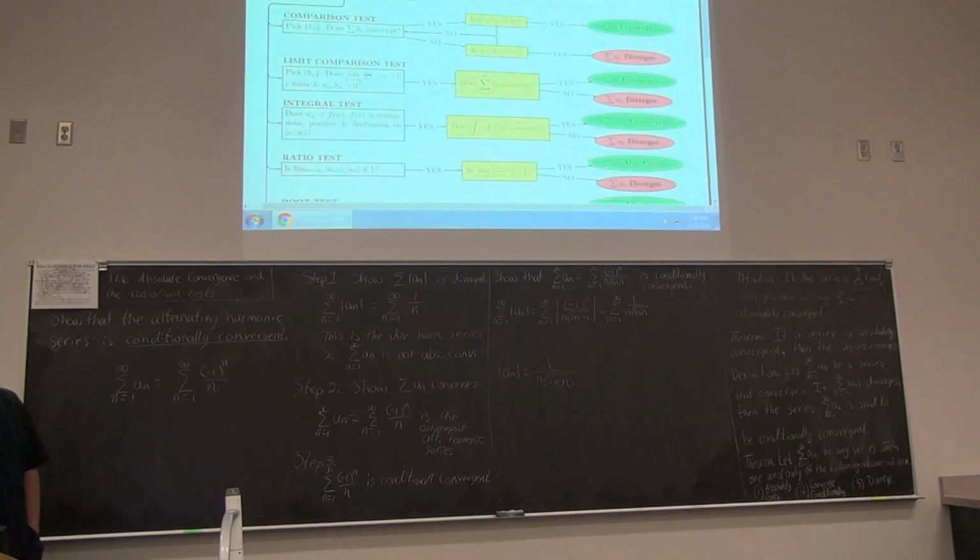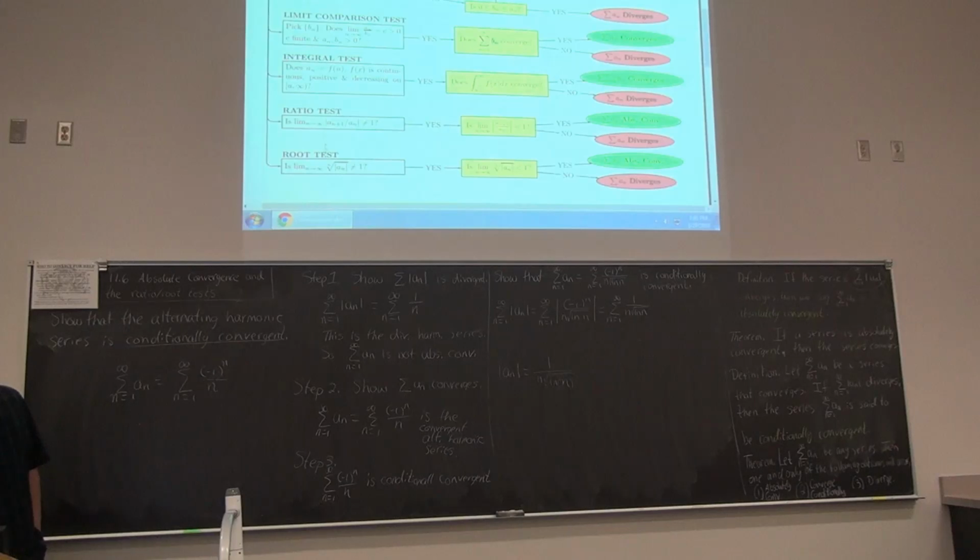In the comparison test, the trouble is we have to decide if it converges or diverges and make an estimate. And the estimates involving the root and the natural log could require a lot of ingenuity. I'm not too sure what to do. While we're thinking about it, the limit comparison test is just as nasty because you have to come up with something like this. So I'm not sure what to compare that to.